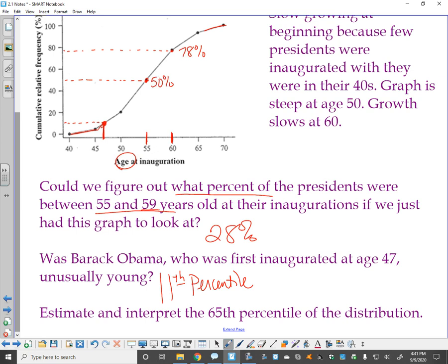He's in the 11th percentile, which means he is only older than 11% of all U.S. presidents at the age they were inaugurated.